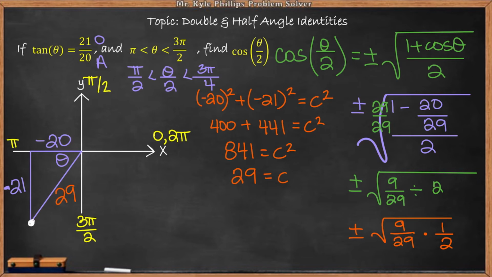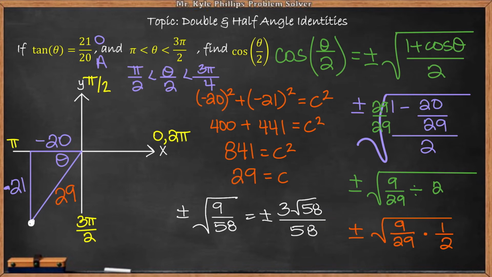So this is plus or minus the square root of 9 over 58. From here you can put this into your calculator. The square root of 9 divided by the square root of 58, once I rationalize, is 3 root 58 all over 58.